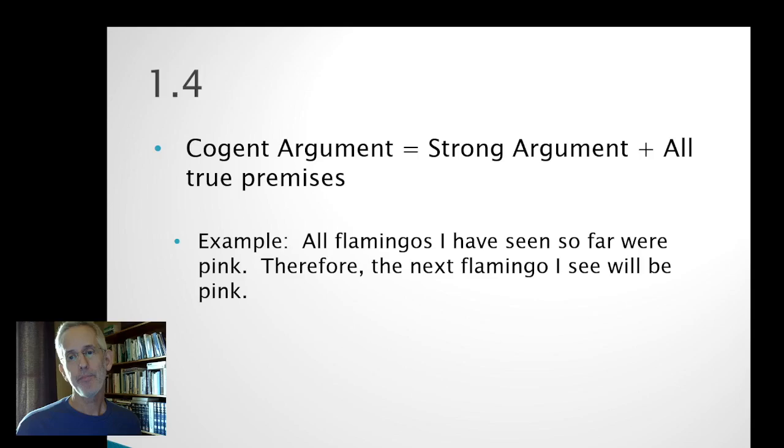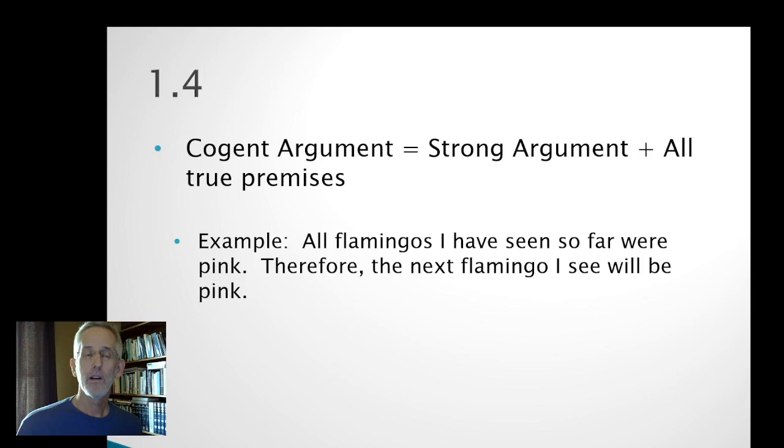So the raven example I gave you, the first one: I've observed one raven, therefore all ravens are black. That's not a cogent argument because I don't have strength. I'm lacking enough observations. It might be true that I observed one raven, so the premise is true, but I've only seen one raven, so it lacks strength.